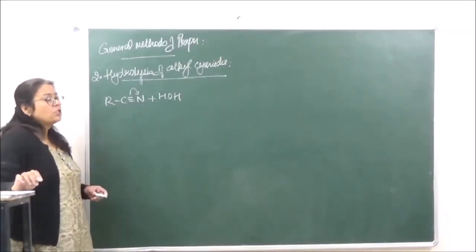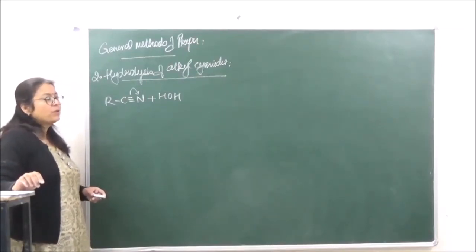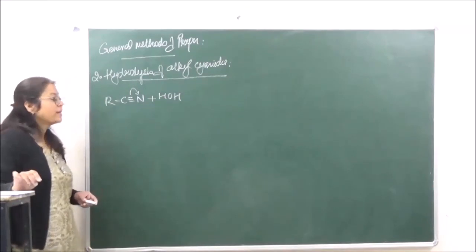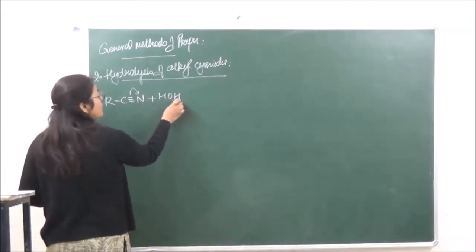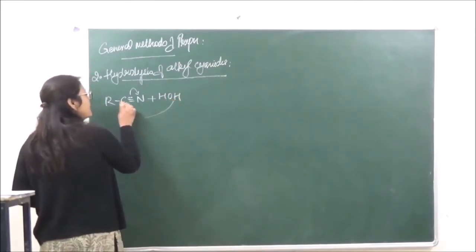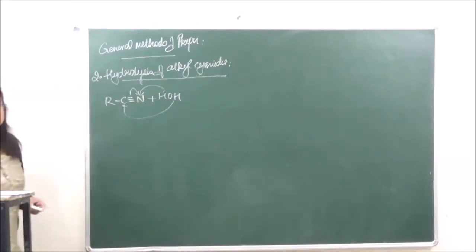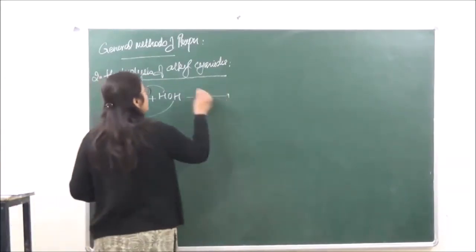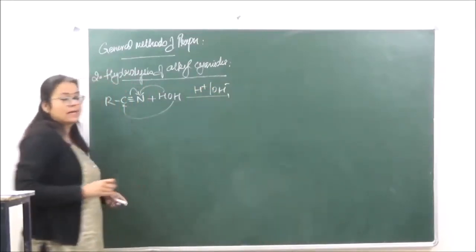So nitrogen is going to have a slightly negative charge, and carbon a slight positive charge. Okay? So the negative part will attack at the carbon atom, and the positive part will attack at the nitrogen atom, such that we have an addition product which may be formed in either acidic or alkaline medium.